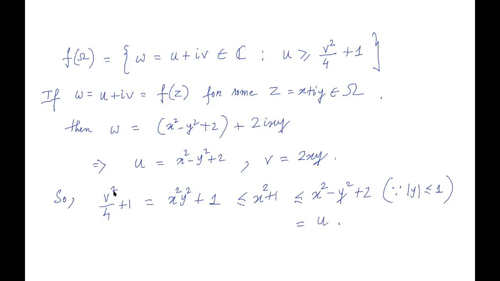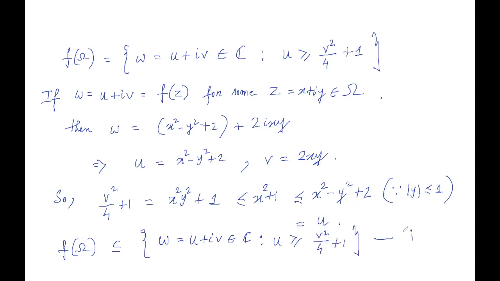So what we have proved here is that f of omega is a subset of all those complex numbers u plus iv such that u is greater than or equal to v square by 4 plus 1. So we have proved one side, and the other side remains to be proved.